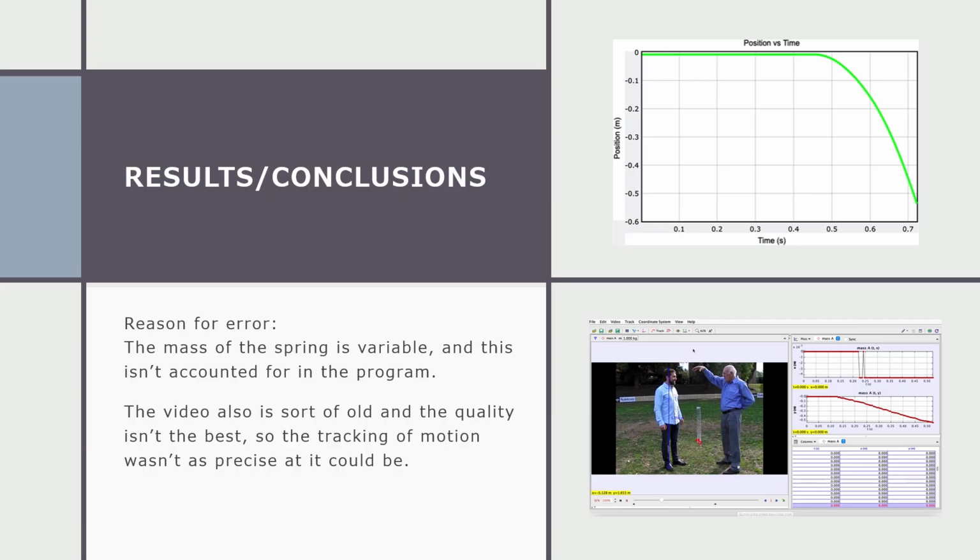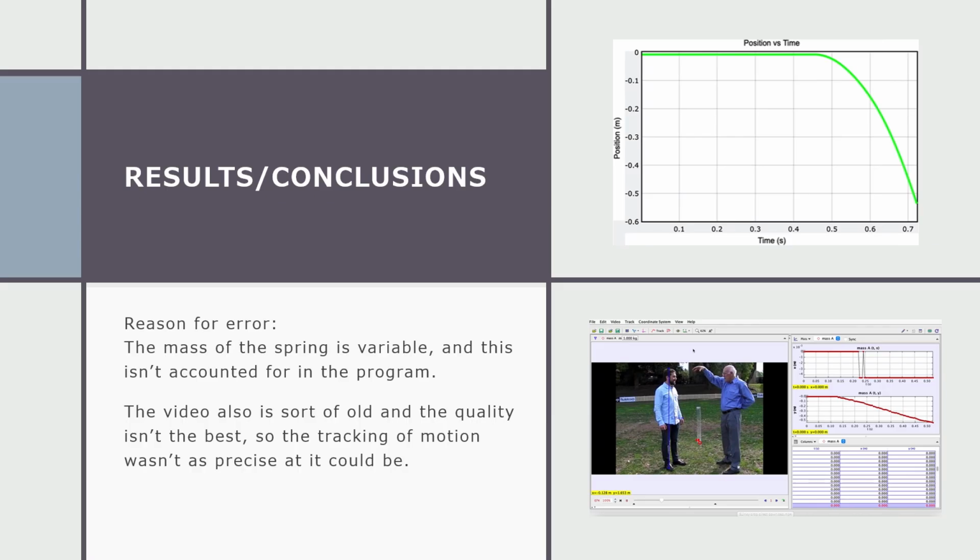And here are my results for GlowScript. You can see that compared to the previous couple slides, this is a lot more smooth, and that's because Tracker isn't the most precise, so when you're clicking, it's not going to necessarily be 100% perfect.